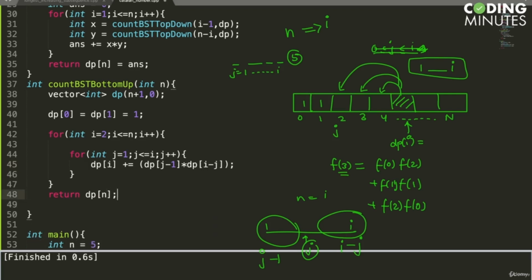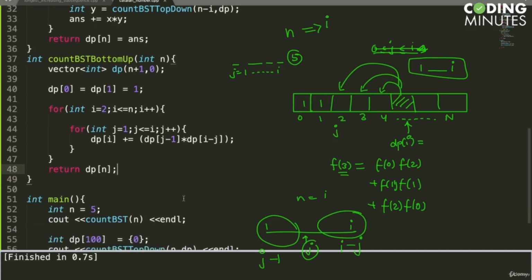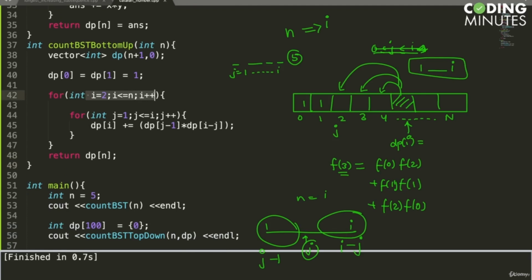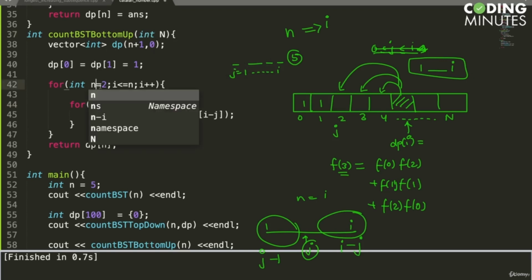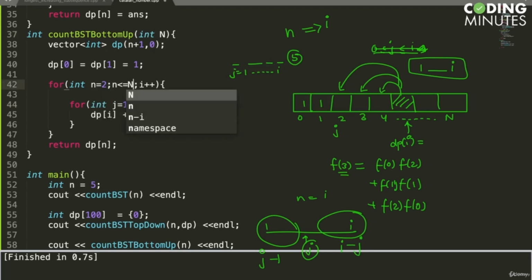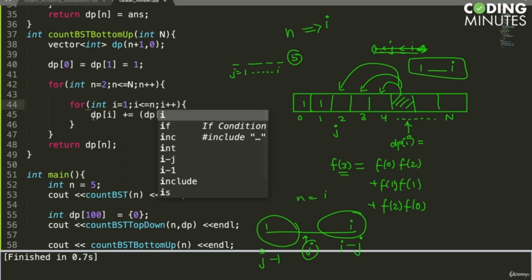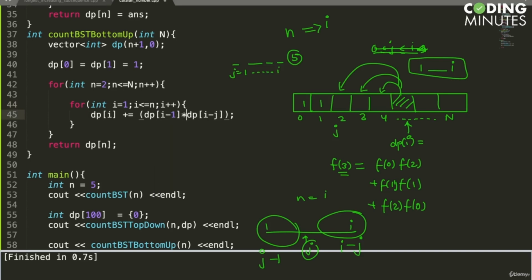So that completes the bottom up dp solution. In this case this i is behaving like n, and this j is behaving actually like i. If it is confusing to you, I can also make it a small n, and I can say n plus plus, and here I can say this is i, this is less than equal to n, and here I can say dp of i minus 1 into dp of n minus i, and this will be dp of n, and here we can return dp of n.